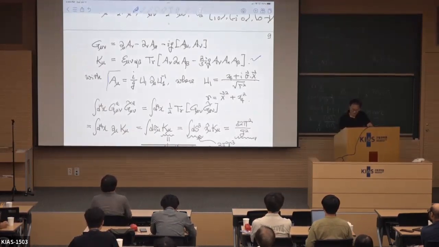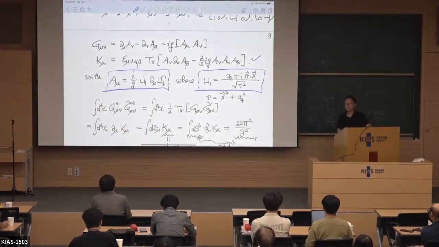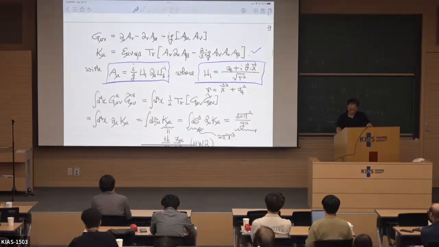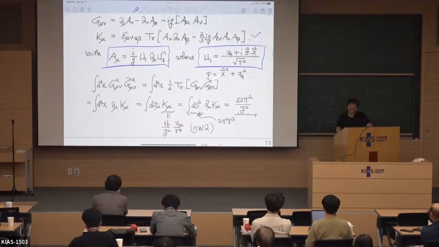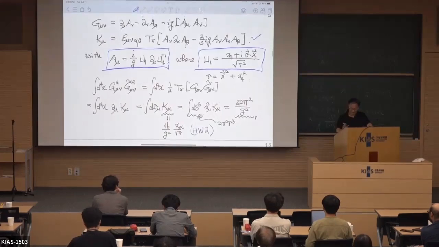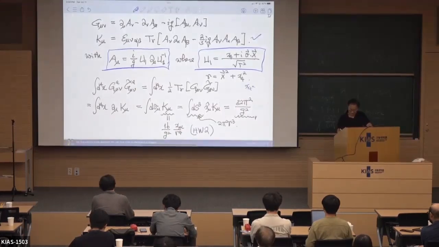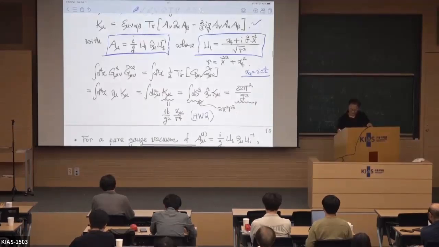Then let's take A_mu like this, with this specific form of U_1, the pure gauge transformation matrix. We work, of course, in imaginary time, so x_4 is nothing but ict, or ix_0.